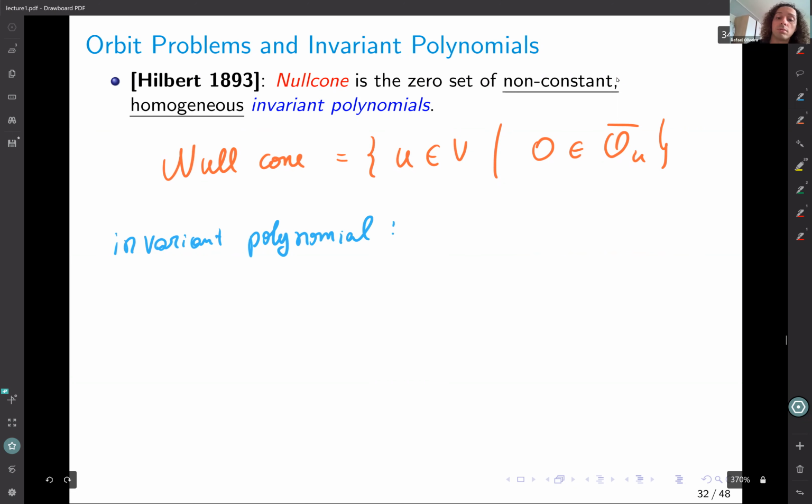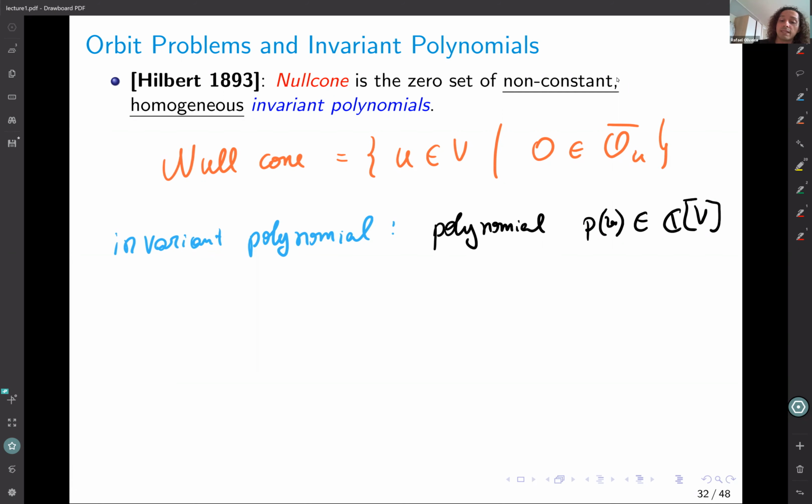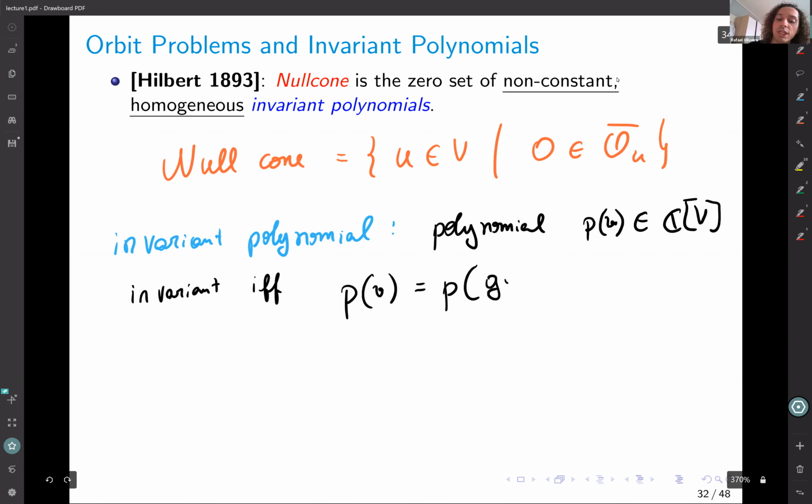It is a polynomial P in the coordinate ring of the vector space V that is invariant if and only if P of V is equal to P of G applied to V, for every element G of the group. So P is an invariant if and only if P does not change, right?